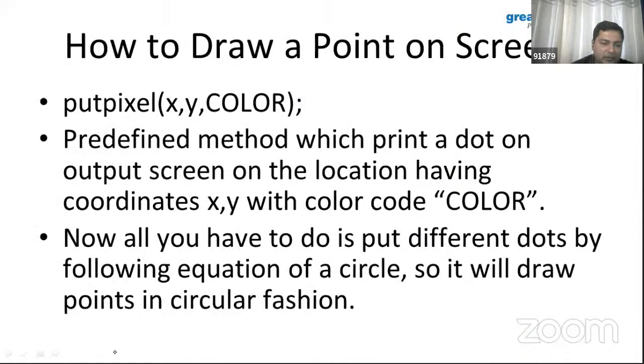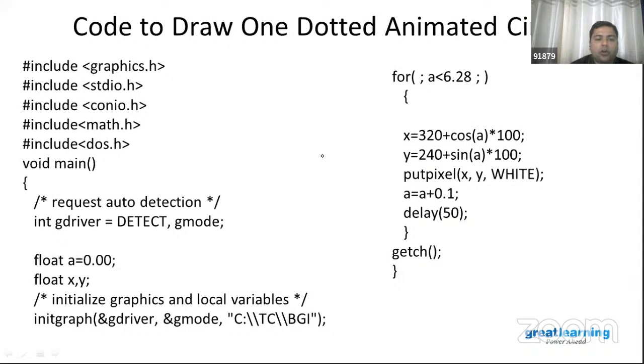How to use the put pixel method? The put pixel method is used with an x coordinate and a y coordinate. It tells you where to put a point, and the color. Okay, so put pixel can be drawn along with the equation of circle.